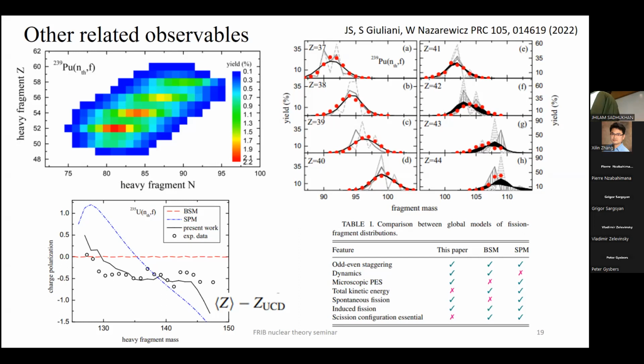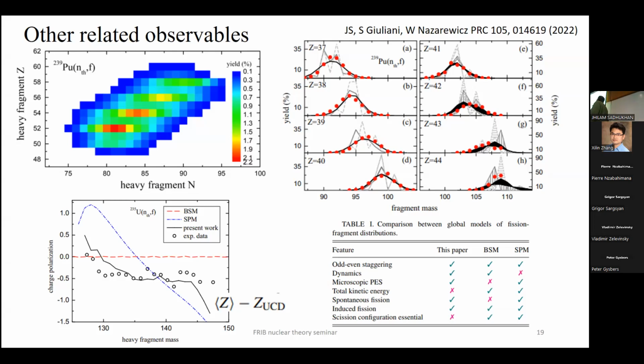And of course Brownian shape motion is not capable of calculating this charge polarization because it assumes the N by Z to be conserved in the fragment. So that's why we can see that our results really agree well with all these different observables.